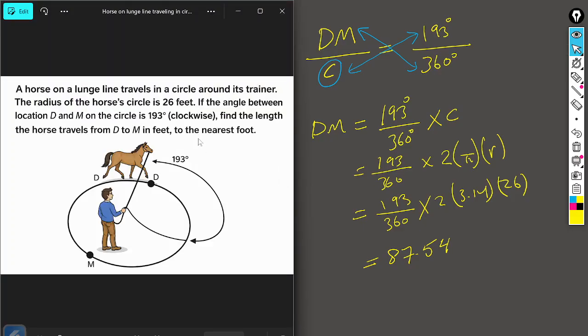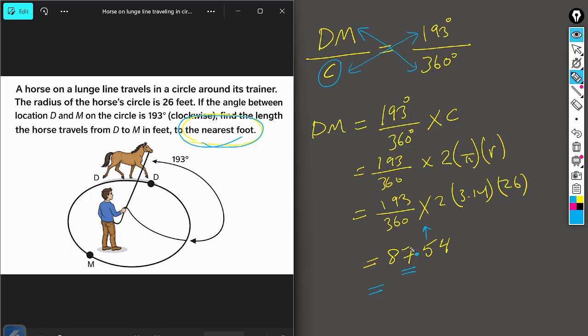So finally we can see that the question is asking me to find the answer to the nearest foot. So to the nearest foot, I can deal with this like this. We have here the 7 at the ones place value, and after the decimal we have the 5.